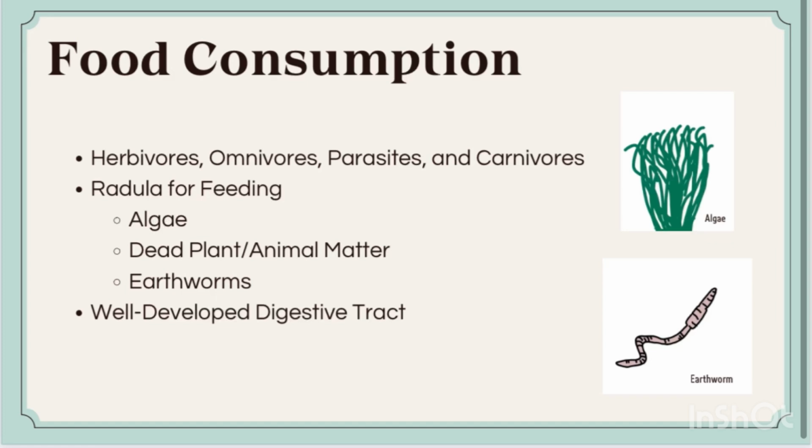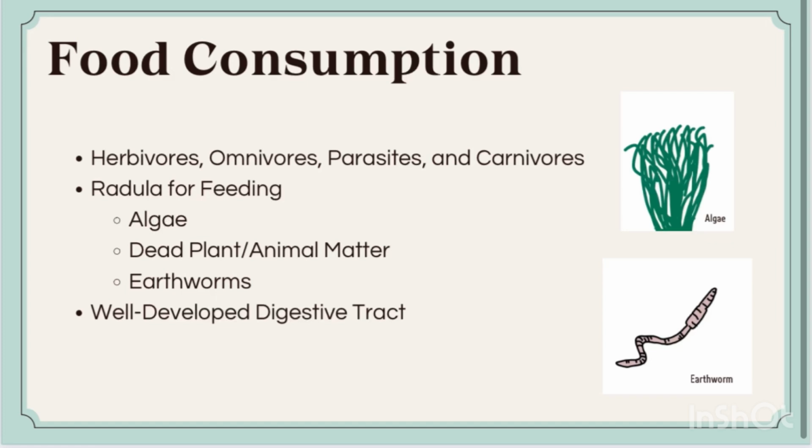For food consumption, they have a structure called a radula, and this is a bunch of tiny teeth that scrape food particles from a surface. The morphologies of this radula can vary among species, so this will be helpful in determining different snail species. Not going to get too much into that.